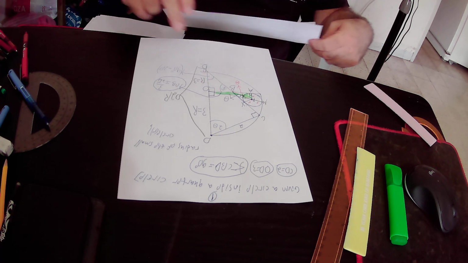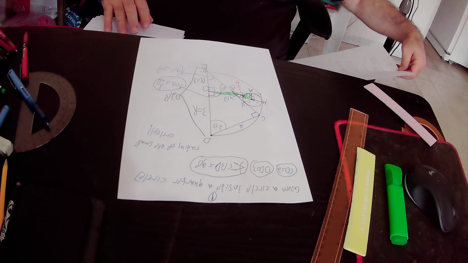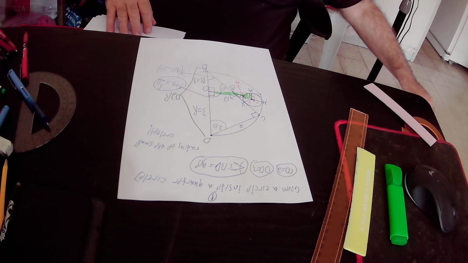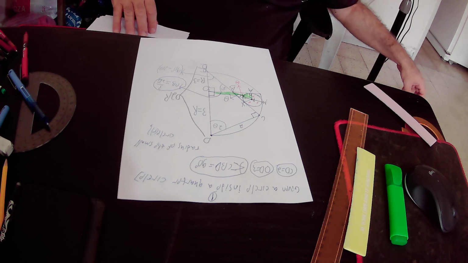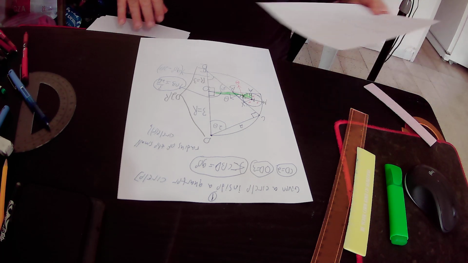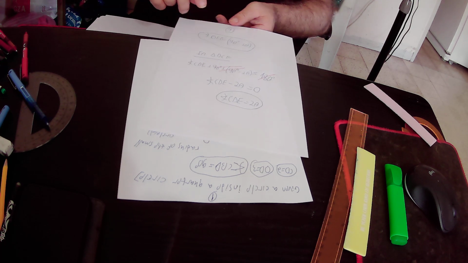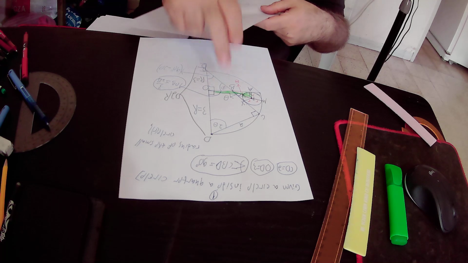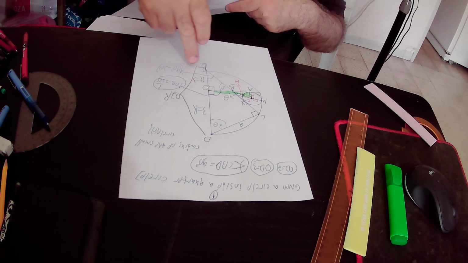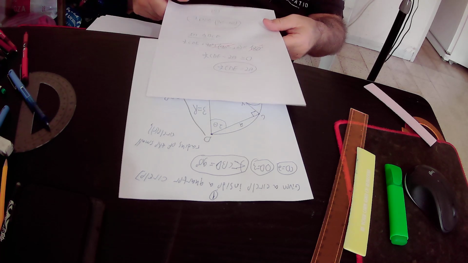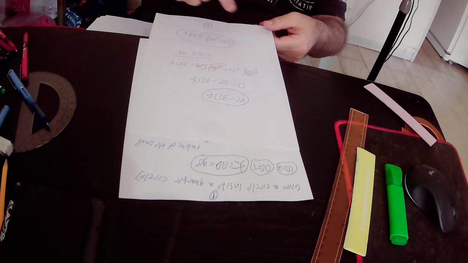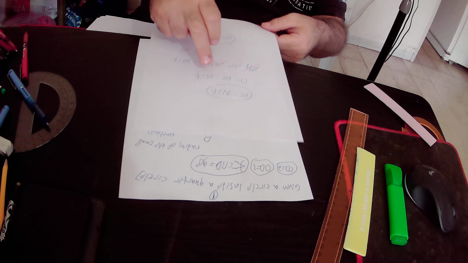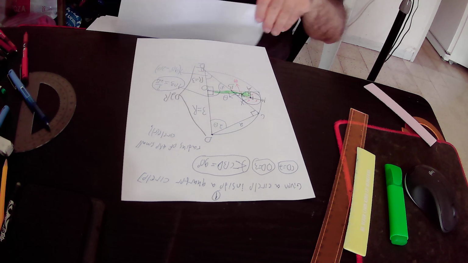We know that the sum of the angles in triangle CDE equals 180 degrees. Therefore, angle CDE plus this angle, which equals 90 degrees minus 2 theta, plus 90 degrees must equal 180 degrees. So we found that angle CDE equals 2 theta.